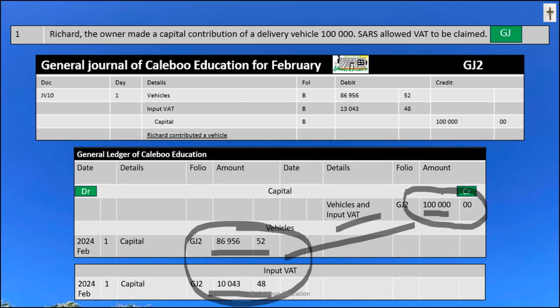Even though there are only 3 accounts involved here, our debits equal our credits. And what makes up that 100,000? Vehicles and input VAT. The two amounts in the vehicles and input VAT accounts equal 100,000. Okay, now we're ready to move on.